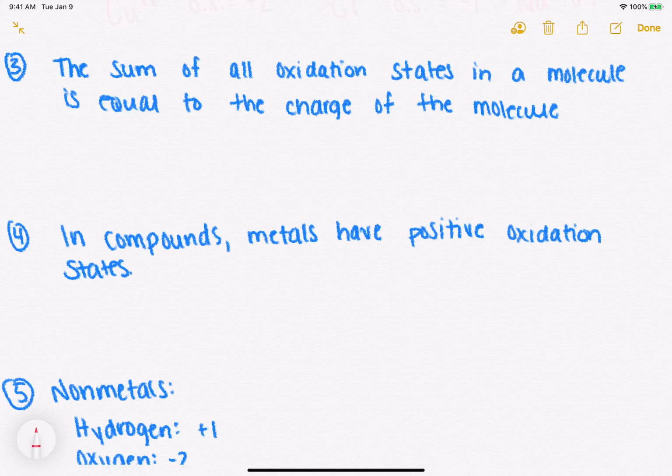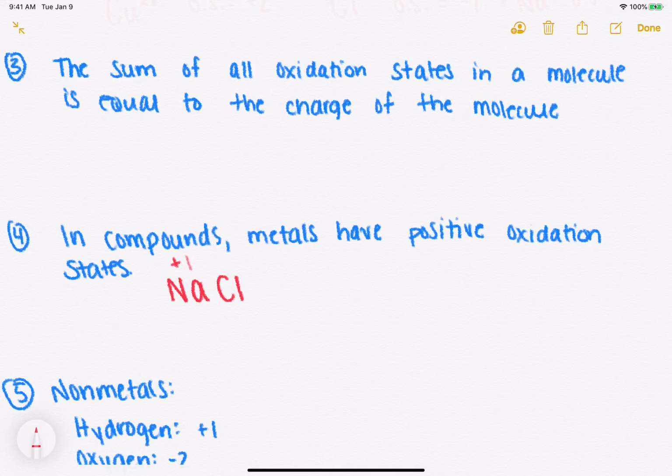Rule number 4: in compounds, metals have positive oxidation states. So if we have an ionic compound, NaCl, our Na is going to have a positive oxidation state, so a +1 oxidation state.